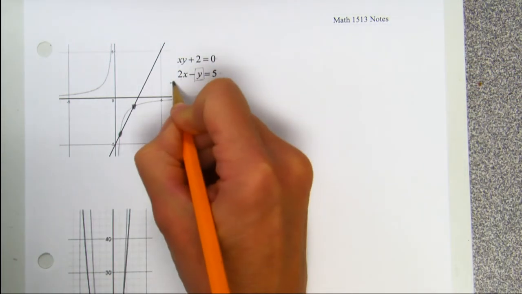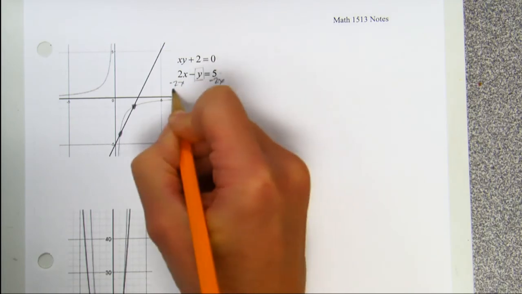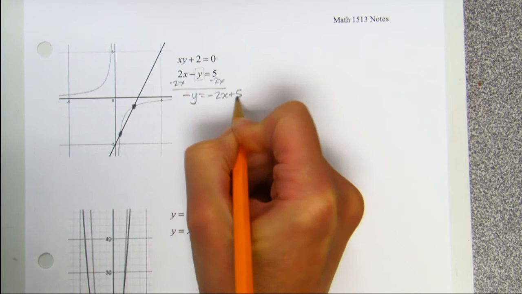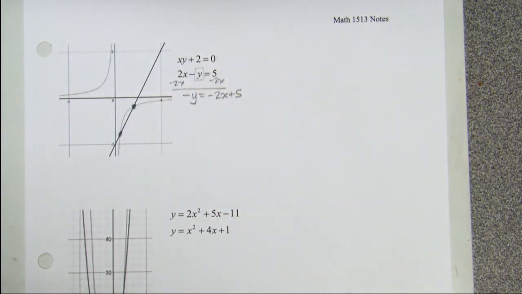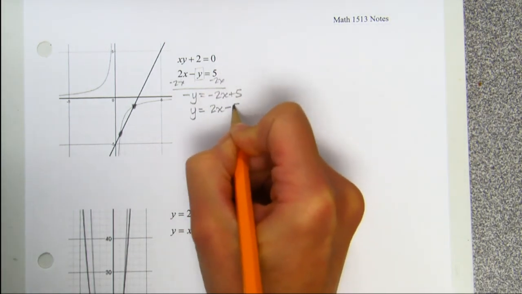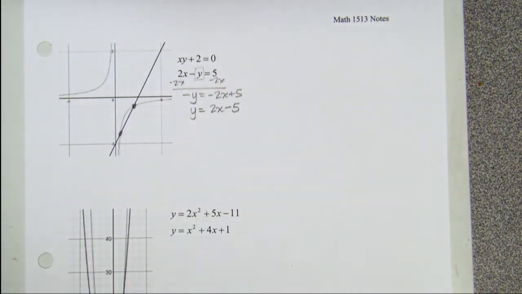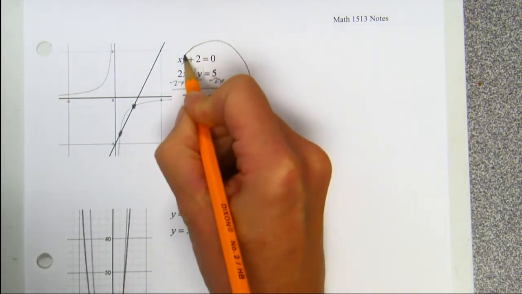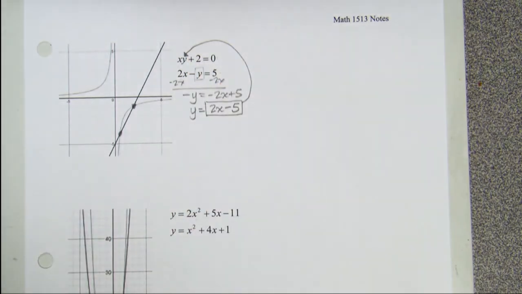We're going to subtract 2x from both sides. Don't forget to bring that down, that negative, with the y. Now divide everything by -1, and it will change all of your signs. If y is equal to 2x minus 5, can't we change the y up here to 2x minus 5?